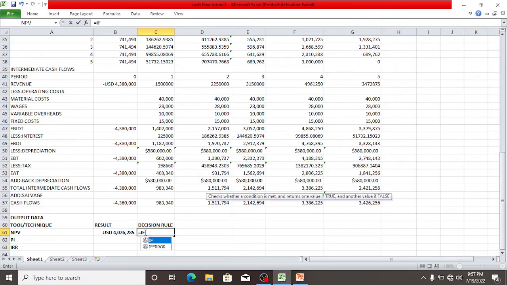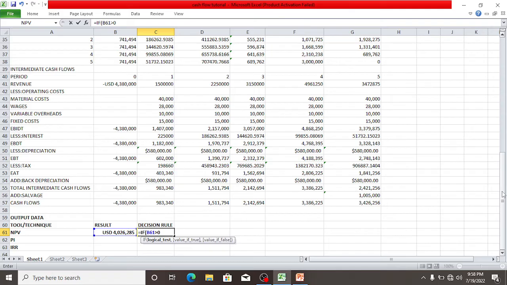I'm testing this result: if this is greater than 0, it means that it is positive.